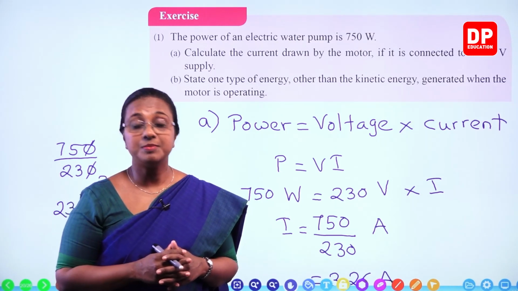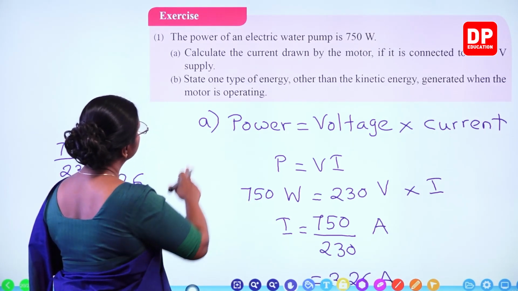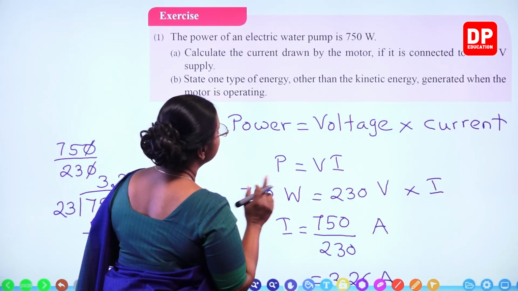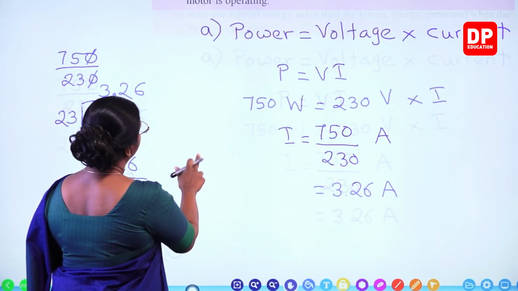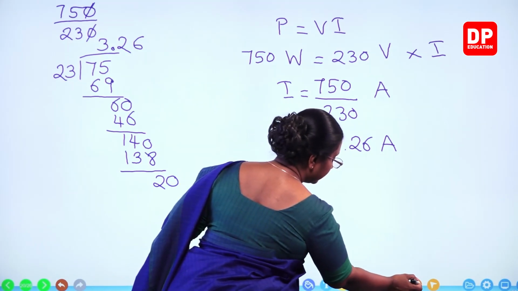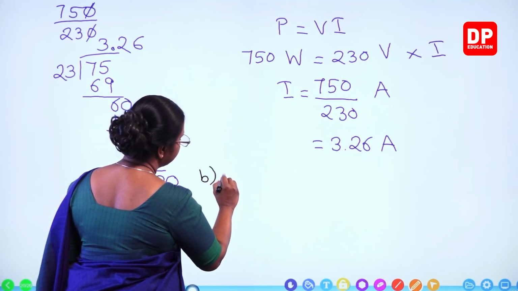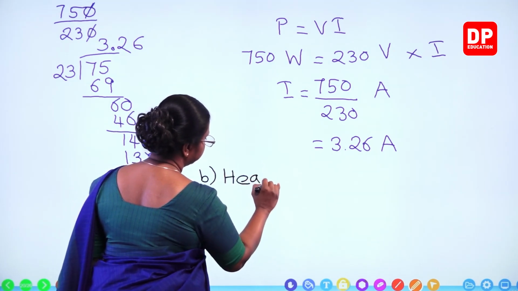heat energy produced. So here, state one type of energy other than the kinetic energy generated when the motor is operating. So that is the second question, B part of the question. So I will say heat energy.